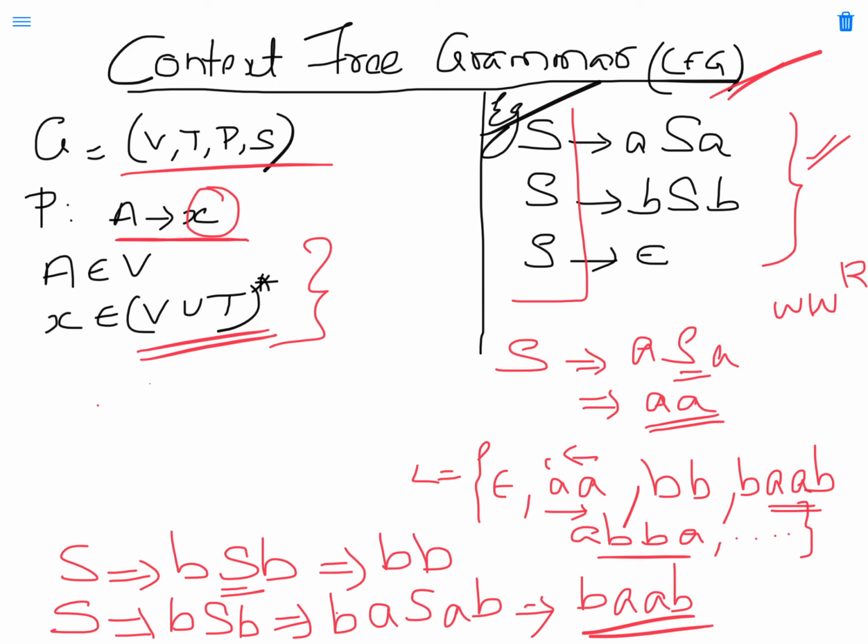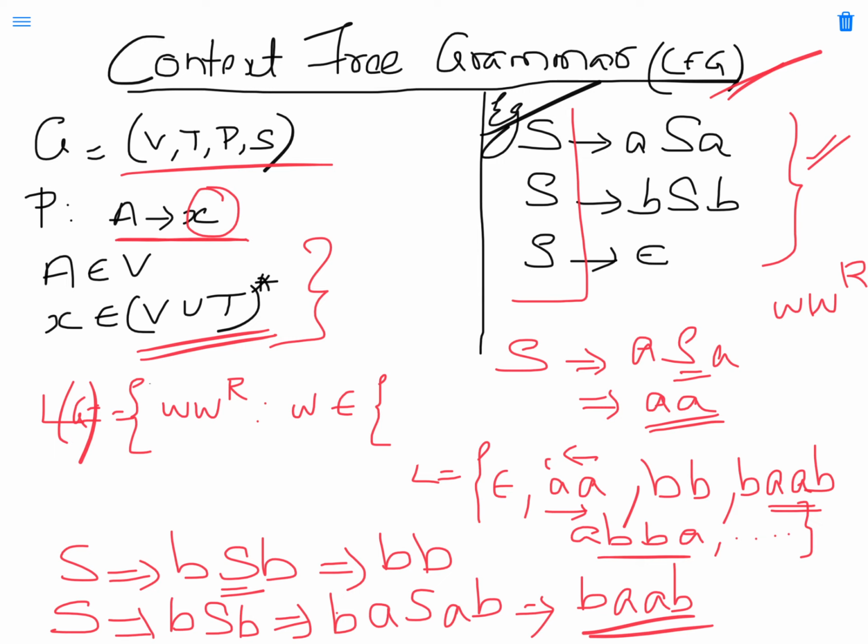Here you can define the language for this grammar as L of G equal to W W reverse. What can W be? W can be any element taken from the terminals, which are A and B, as you can understand from the grammar.